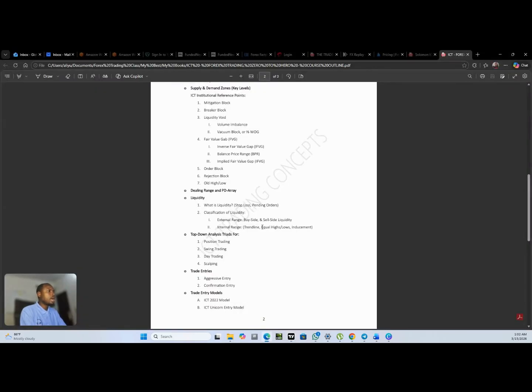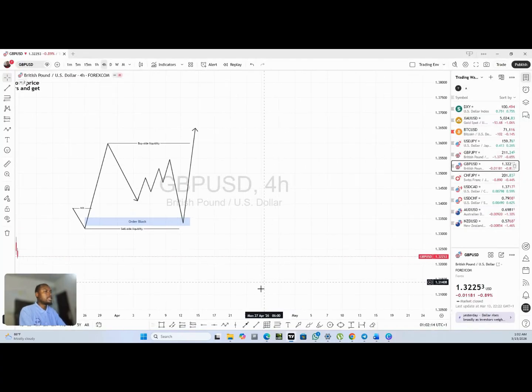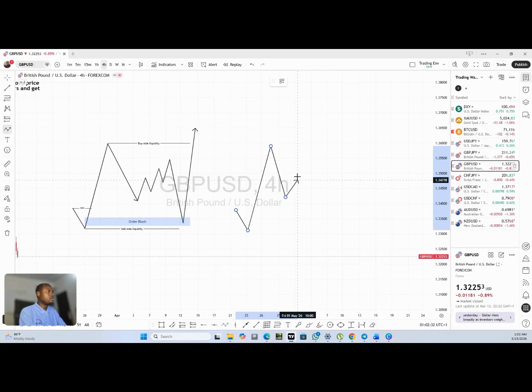The next thing is we have equal high, equal low liquidity. This one is a type of liquidity that, let's assume something like this, still the same thing as this one. For example, the market will do something like this. You are waiting for the market here, then the market will do something like this.